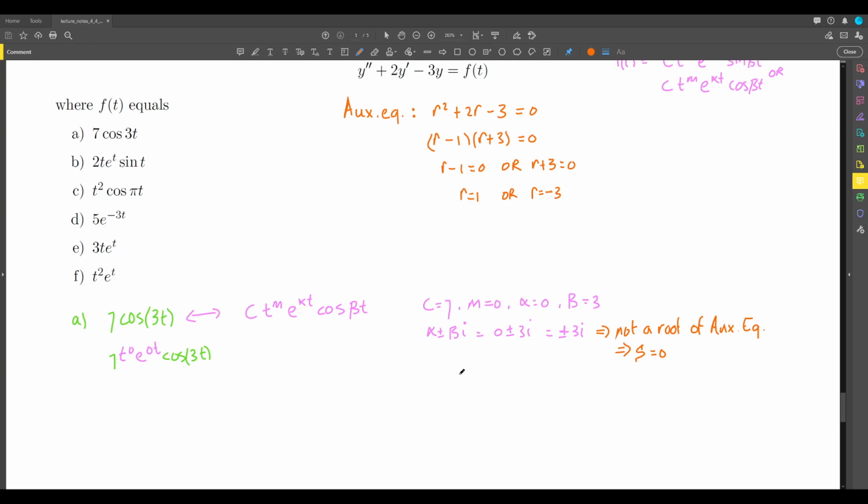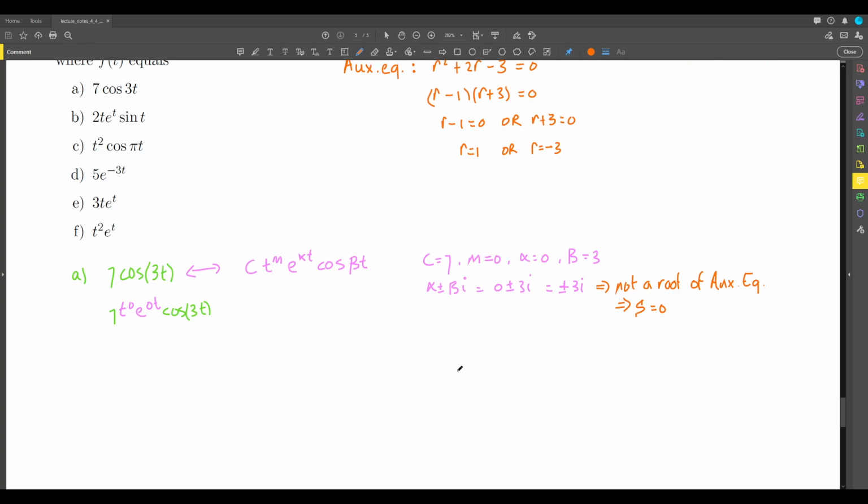And so the general form of our particular solution is yp of t is a naught, right?